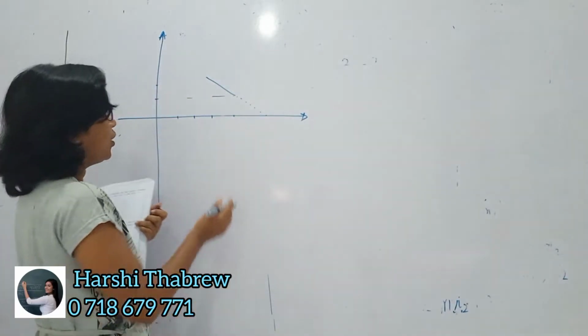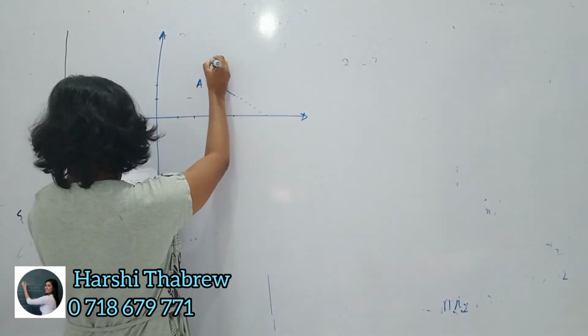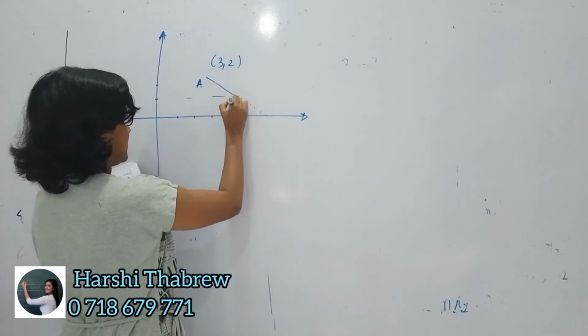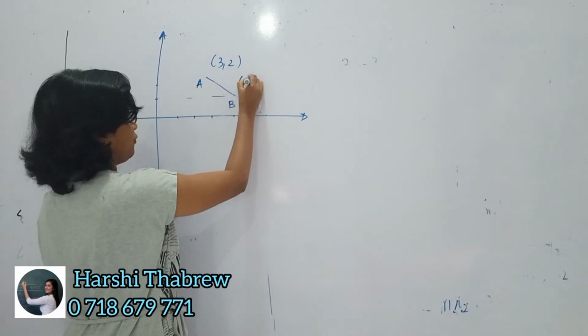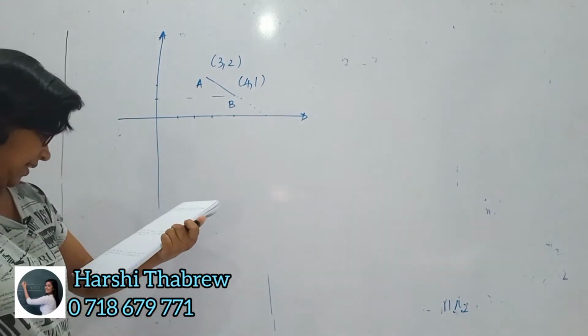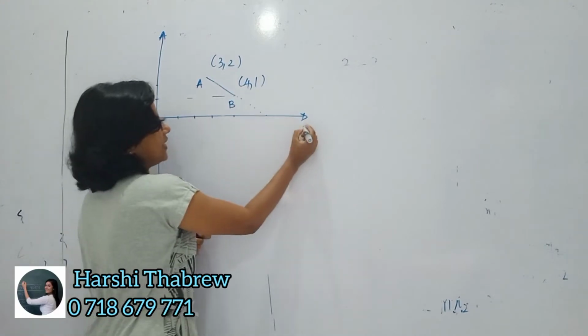It makes an obtuse angle with the positive direction of the x-axis. And also when you look at this, let A be (3, 2) and B be (4, 1), and this line is divided by the x-axis.